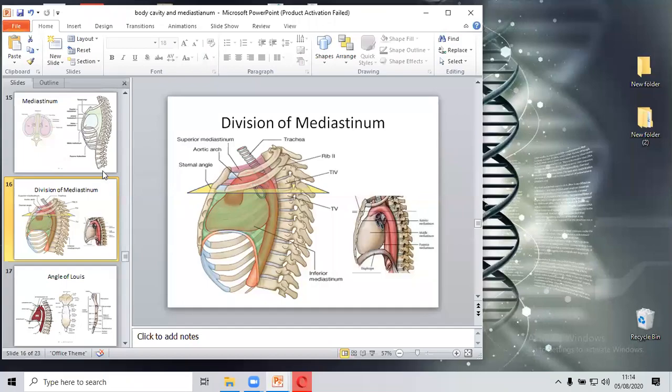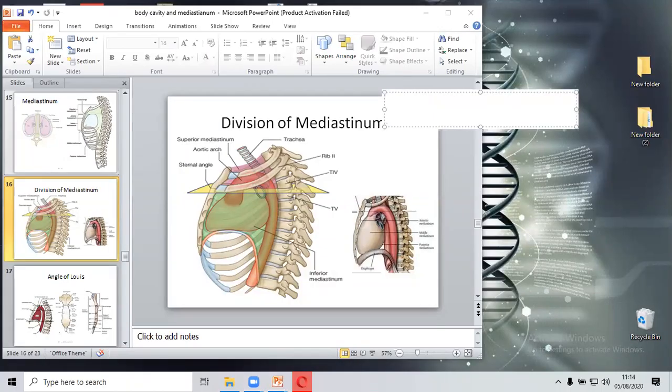Now see, here is the division. How have they divided the mediastinum? It has two divisions, superior and inferior. Can you see this yellow color plane here?